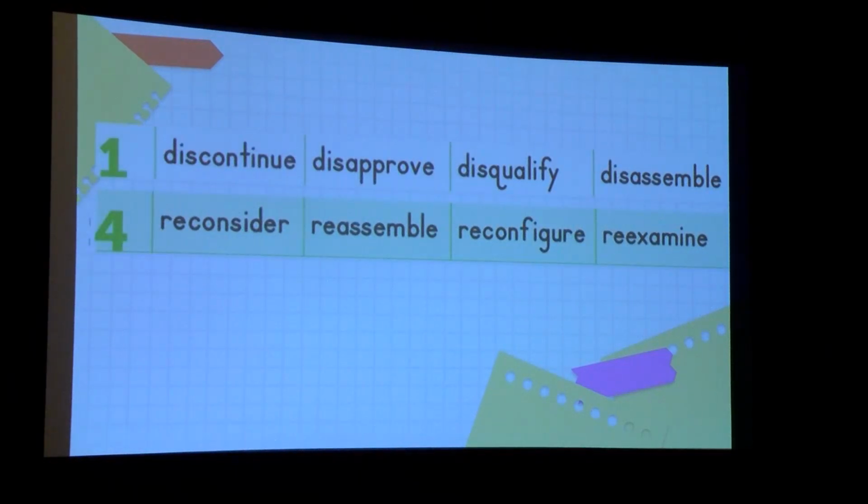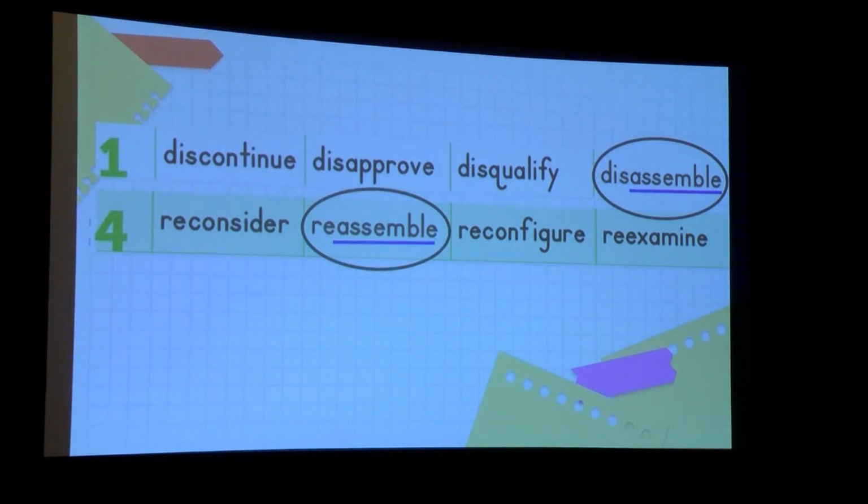All right, now we have lines 1 and 4. We have these put together. Do you notice any of the words on line 1 and 4 that have the same root word or the same base word? Okay, which word is that? Assemble. Okay, we have disassemble and reassemble.